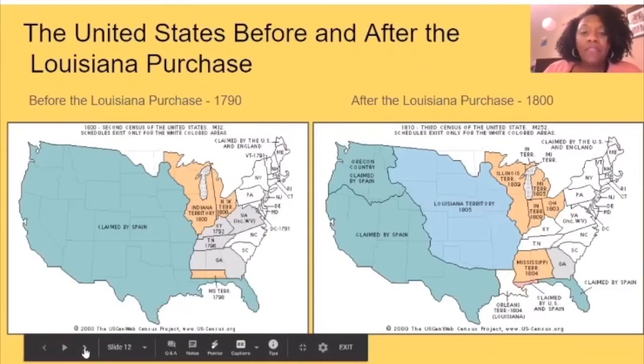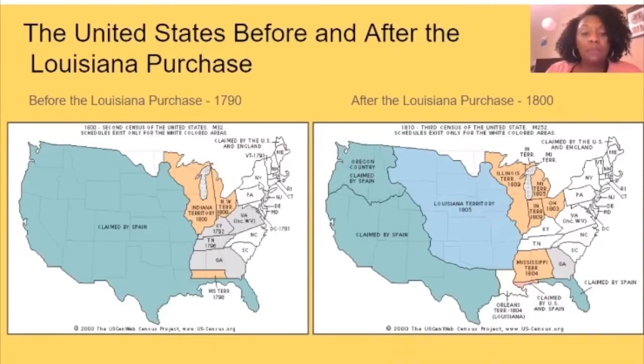Now, here's another map. This is actually a census map. It shows what the United States looked like before and after the Louisiana Purchase. So again, here we have the United States before in 1790. And this is right around the end of the American Revolution, right after it had ended.